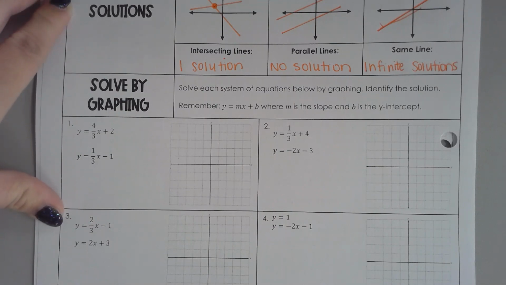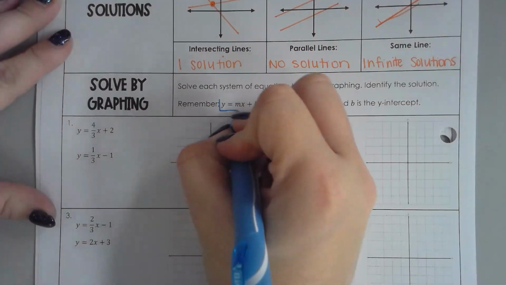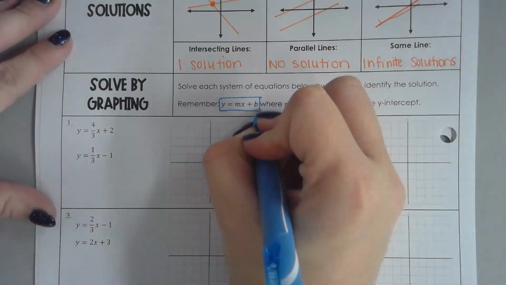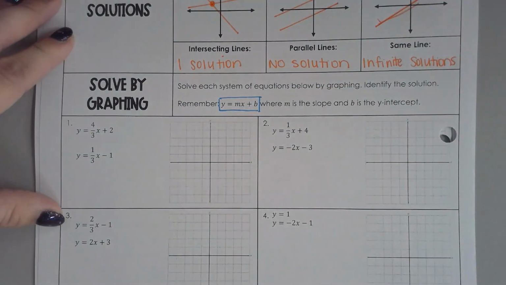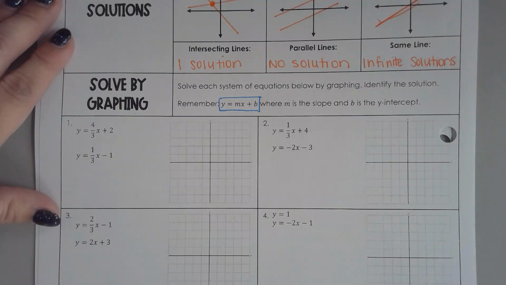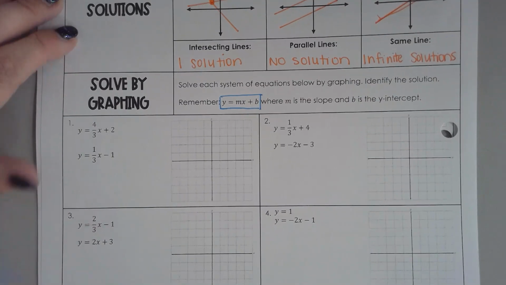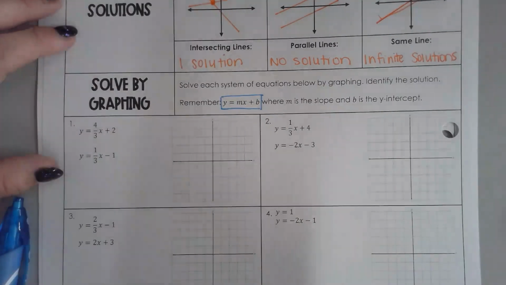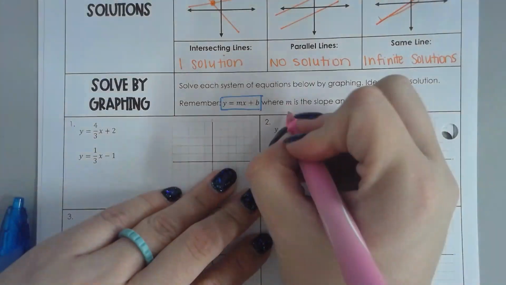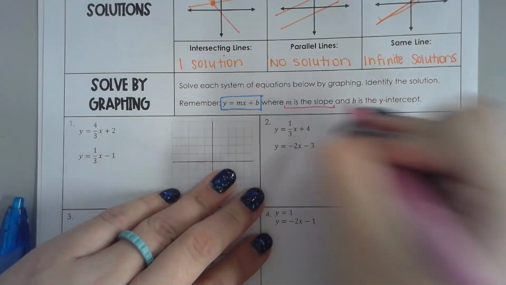It's easiest to do when they are in slope-intercept form, which is y equals mx plus b. And if you remember, the m, the number that's with the x, is the slope.